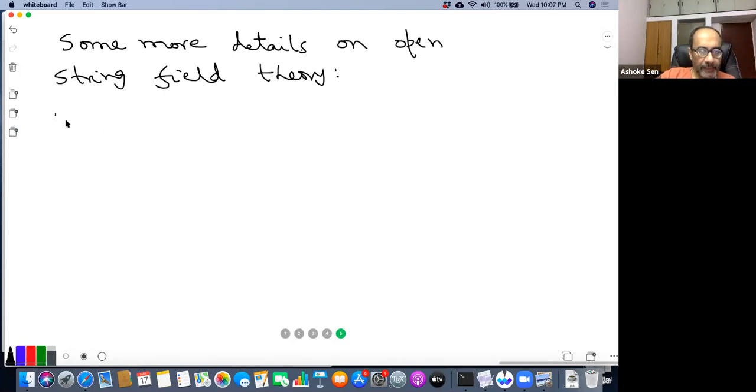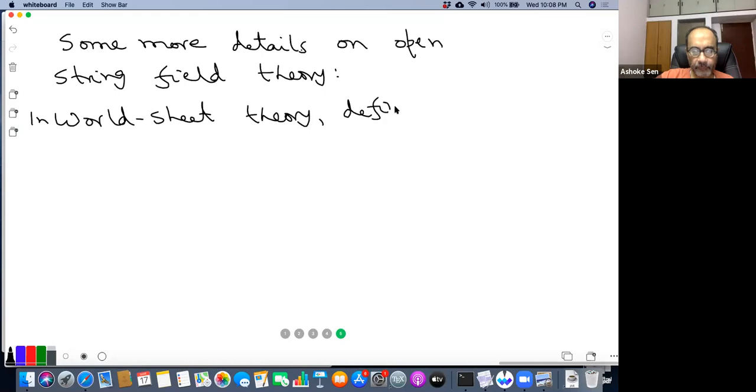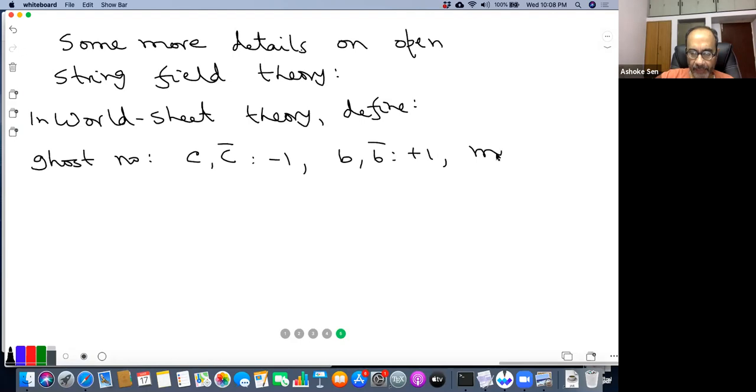So first, let me define in the worldsheet theory the Grassmann number, or ghost number, as follows. We assign C and C bar as ghost number minus 1, B and B bar as ghost number plus 1, and all the matter fields like X and Liouville as ghost number 0.